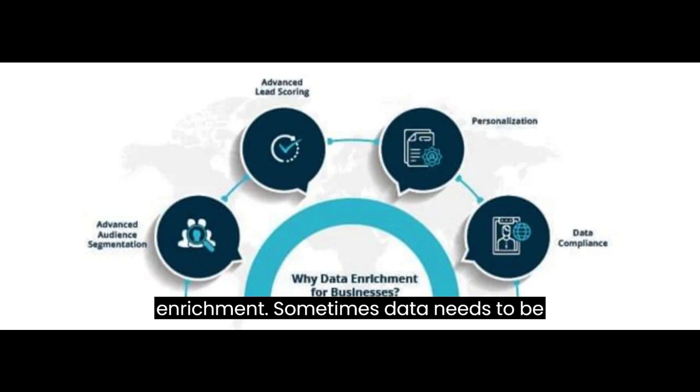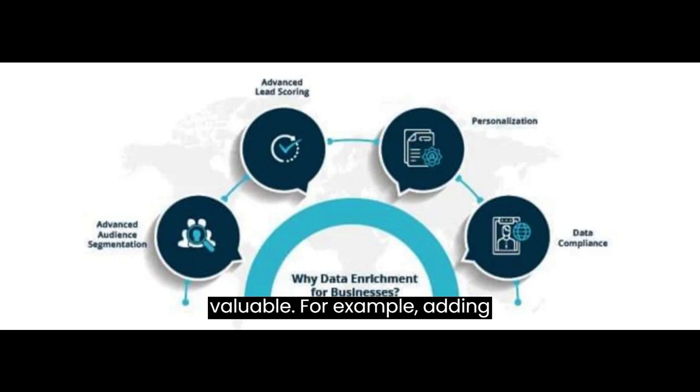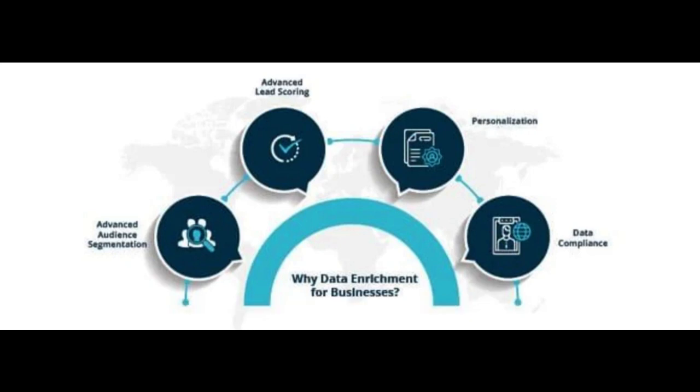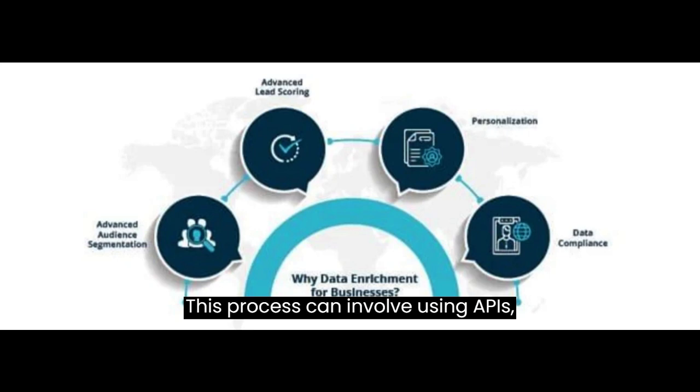Sometimes, data needs to be enriched with additional information from external sources to make it more valuable. For example, adding geographic coordinates to addresses or merging data from multiple sources to create a comprehensive dataset. This process can involve using APIs, data integration tools, or custom scripts.